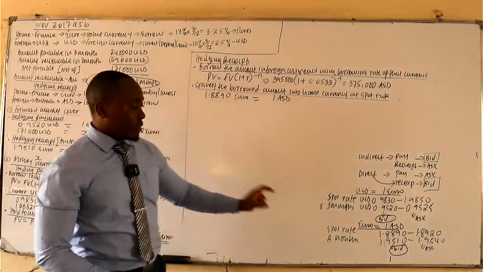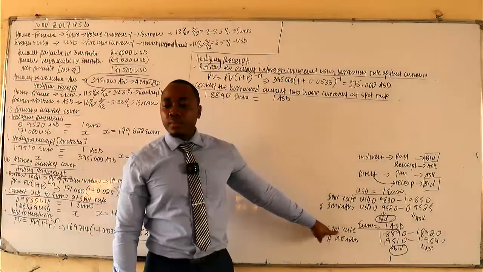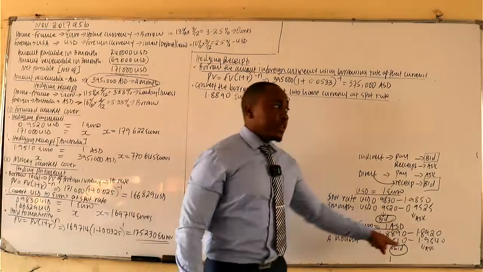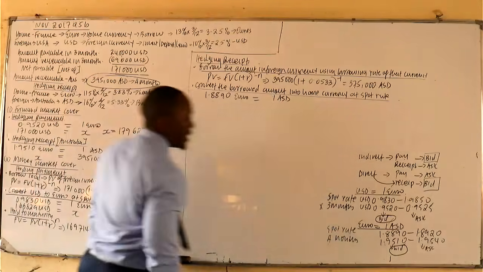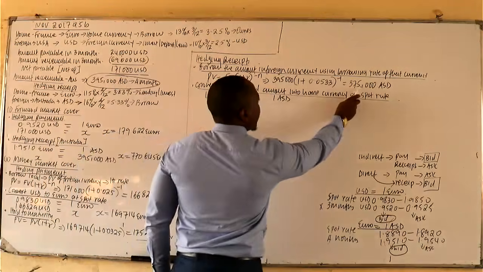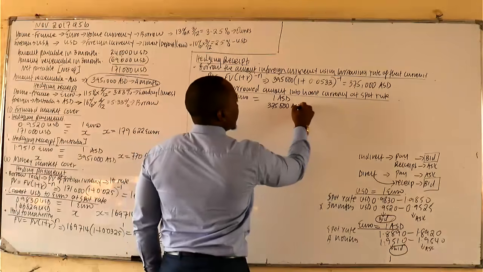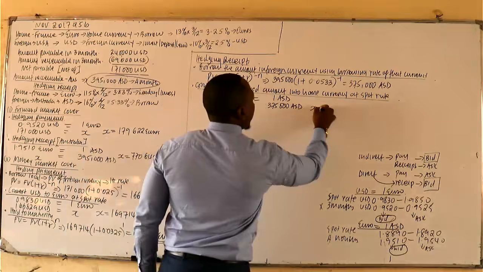What I have done, this is euro against the Australian dollar, and we have the spot rate. Remember, in this case, we are using the bid price, so this is the rate, 1.8890 for 1 Australian dollar. What about 375,000 Australian dollars to be equivalent to how much in euros?